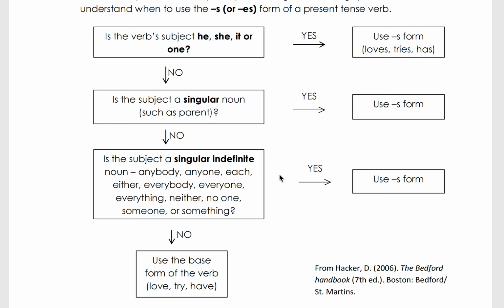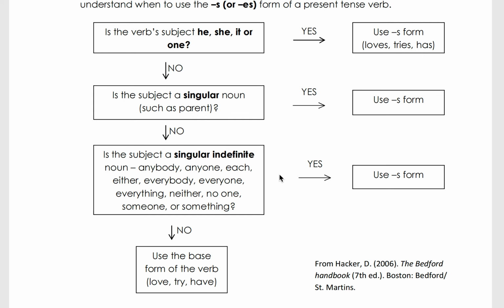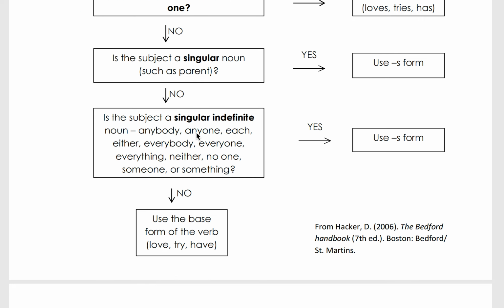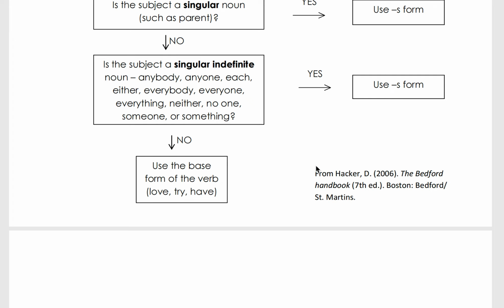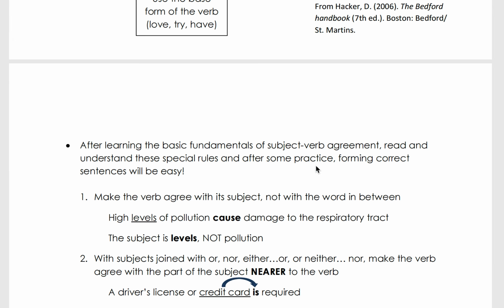When you find anybody, anyone, each, either, everybody, everyone, everything, neither, no one, someone, or something, pretty often you need to add an s to the verb. We'll look at it more specifically in the examples.